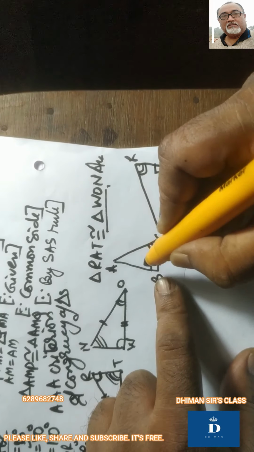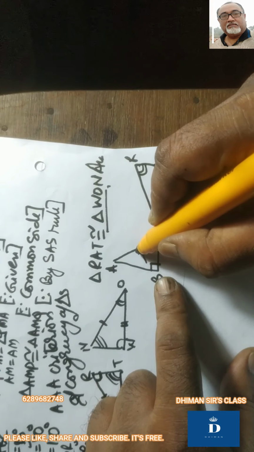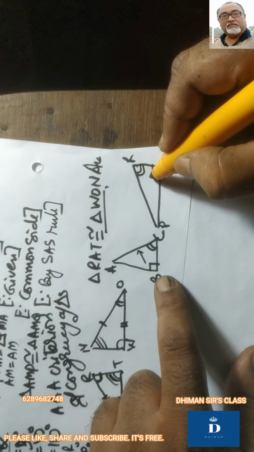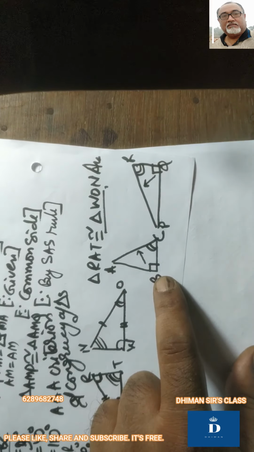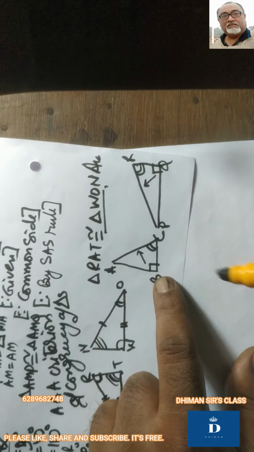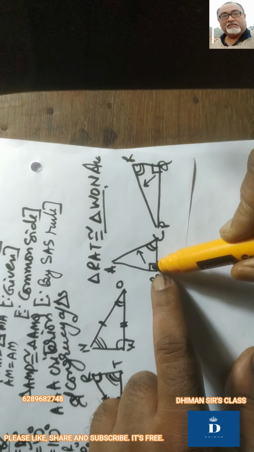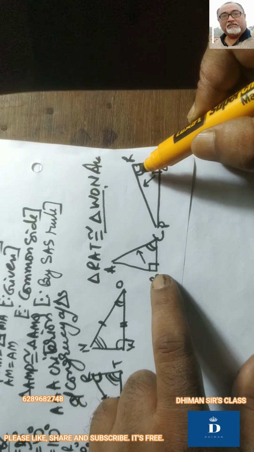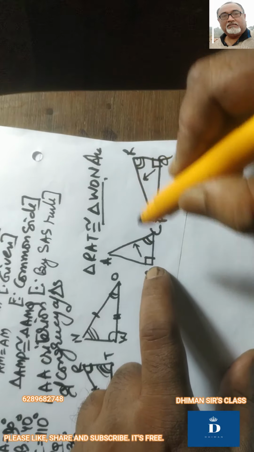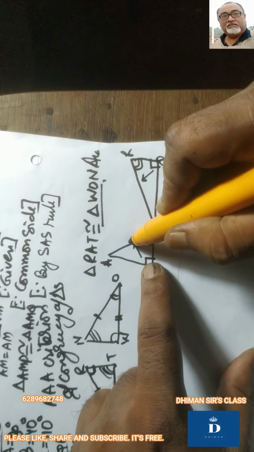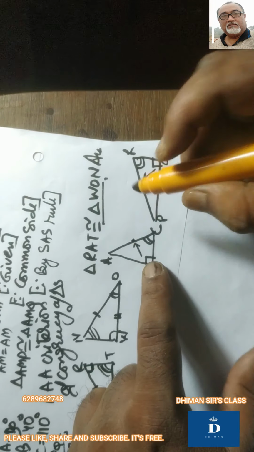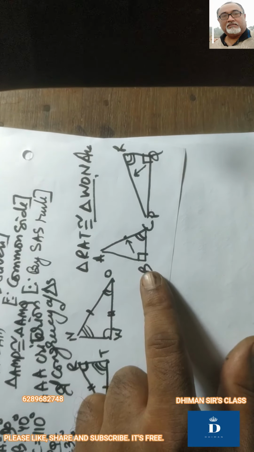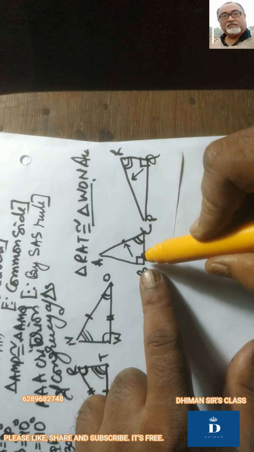See, the side opposite to the right angle is called the hypotenuse. Now, right angle we can see. Okay, one more angle we can see. Now, this hypotenuse, let it be a side. Here, two criteria we can use, my dear students. It is not going to be RHS because two angles are given.